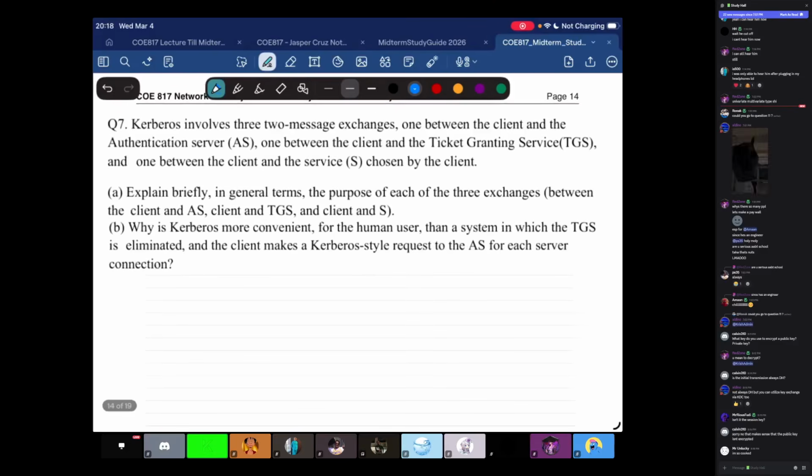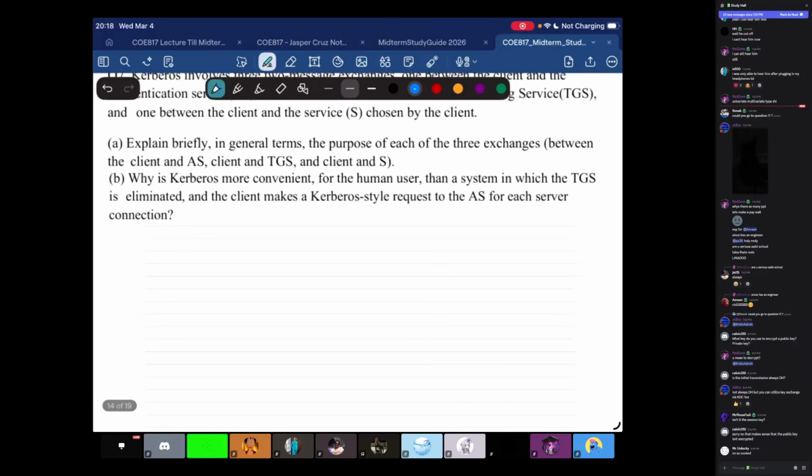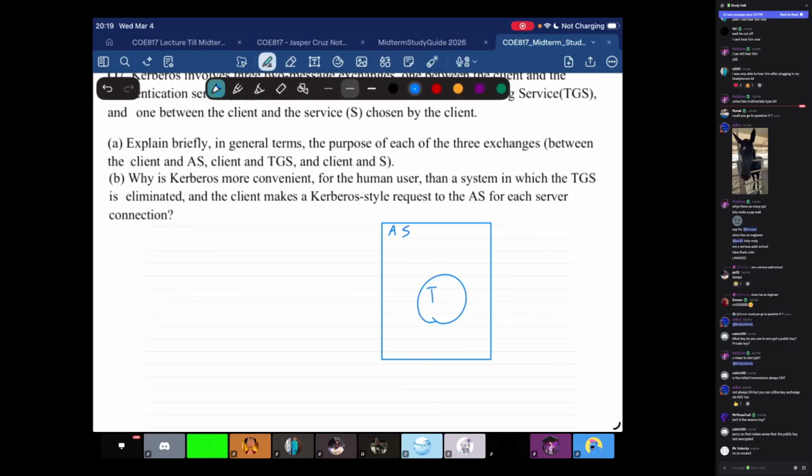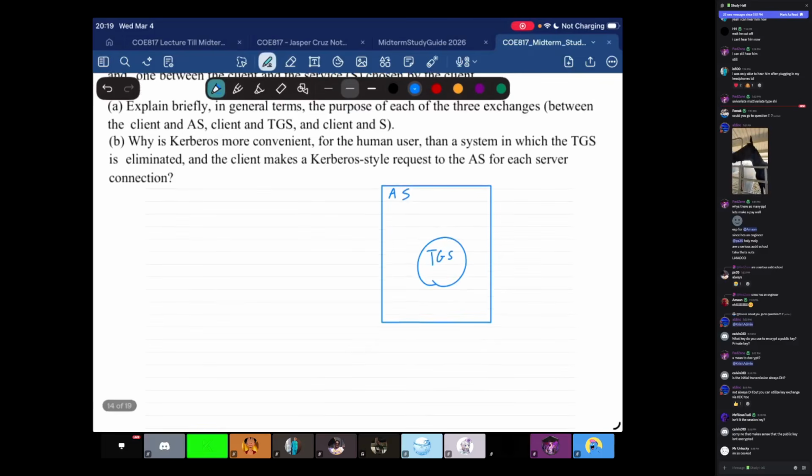Explain briefly in general terms the purpose of each of the 3 exchanges between the client and the AS, the client and the TGS, and the client and S. So if we were to put these in a way kind of like the prof does, this is the authentication server as a whole. So let's call this AS. Within that, there's something called the TGS, or the ticket granting service. And then you have your server anywhere else.